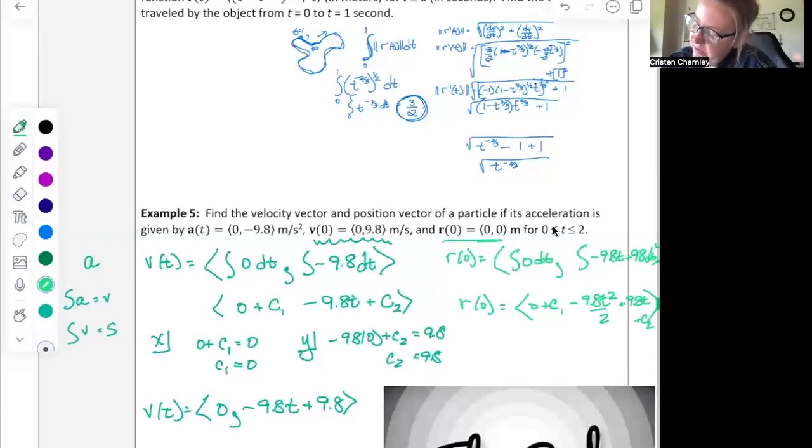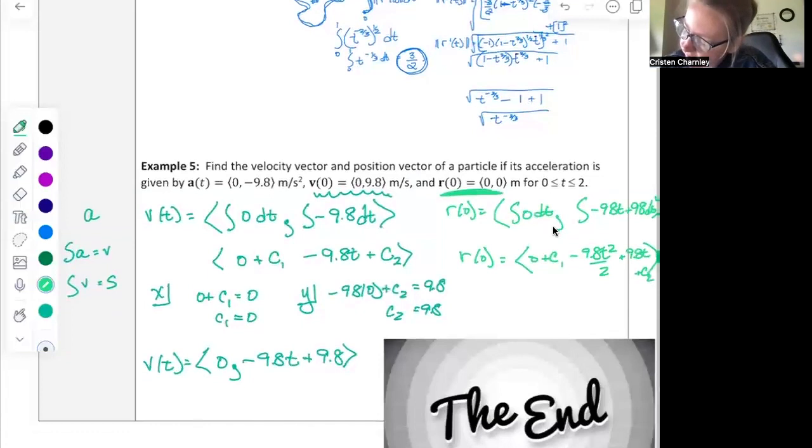We're going to use the initial condition, 0, 0, to solve for our C's. So the x component is going to be 0 equals 0 plus C1. And your y component is going to be 0 plus 0 plus C2 equals 0. So C2 is also equal to 0.